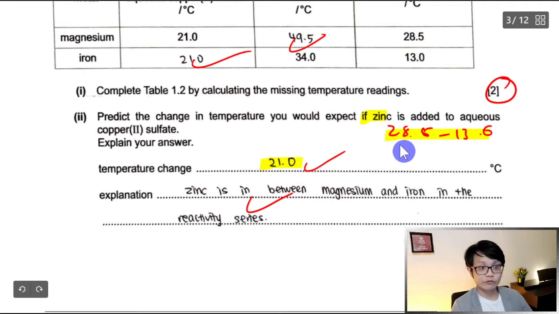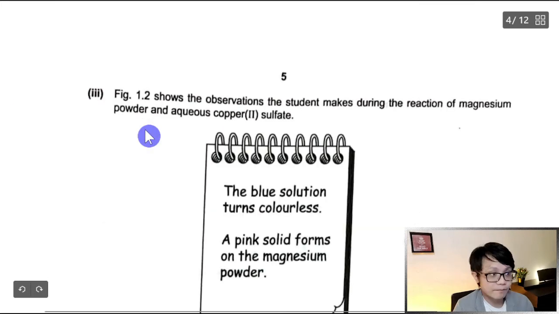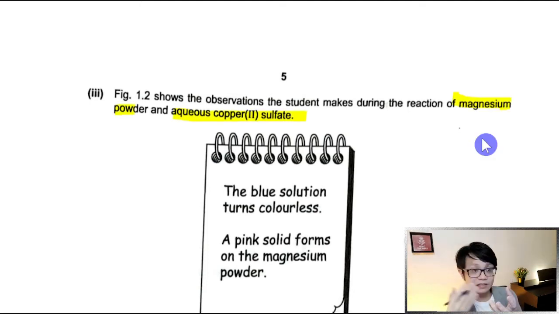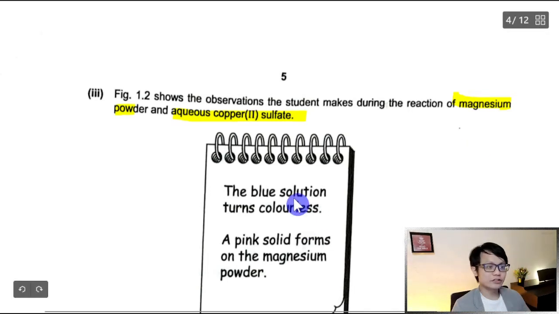Next question, figure 2 shows the observation made during the reaction of magnesium powder and aqueous copper sulfate. Probably the magnesium will displace the copper because copper is less reactive, so it becomes magnesium sulfate. A blue solution turns colorless, because copper sulfate is blue.